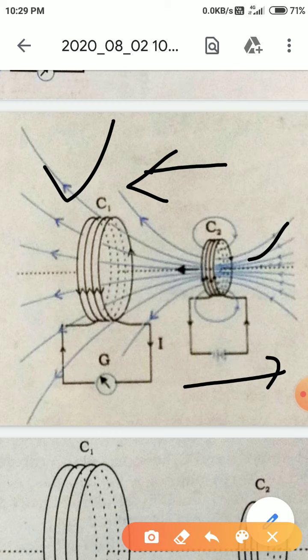When the coil is moved towards C1, the direction of the needle will be just opposite to when the coil C2 is moved away from C1.